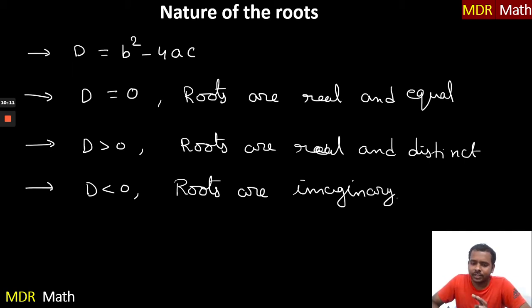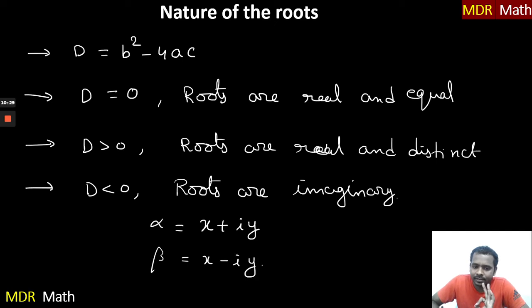When roots are imaginary, the imaginary roots always come as a conjugate pair. That means if one root is x plus iy, then the other root will be x minus iy. Anyway, we are not going to discuss these complex roots in this session. Another session will be made on complex numbers and the complex roots.